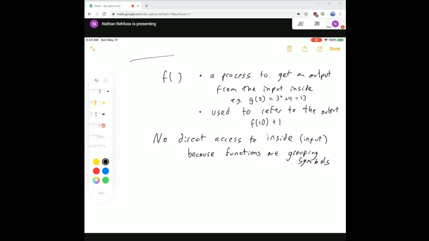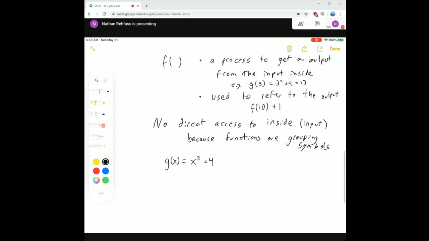Like, if I say, thinking of an example here, let's use that same function g. So again, remember g of x was x squared plus 4. What if I say that g of a equals 20?